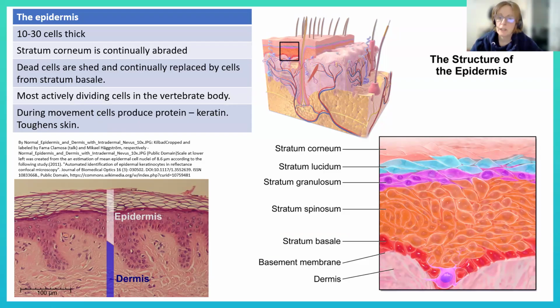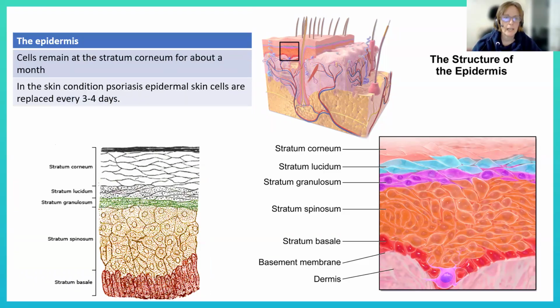And another thing about the skin is when the cells are produced, they produce something called keratin, which is a protein which toughens up the skin as well, makes it harder to damage and keeps it as a nice, tough, impenetrable layer.